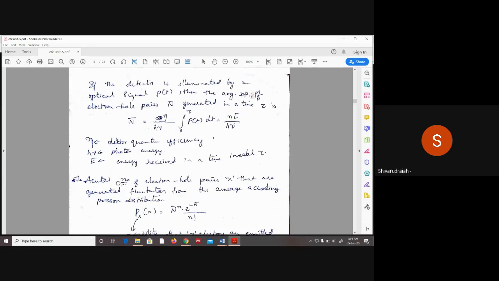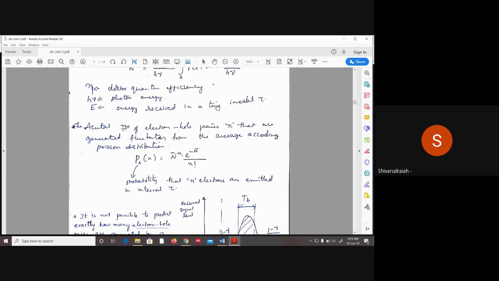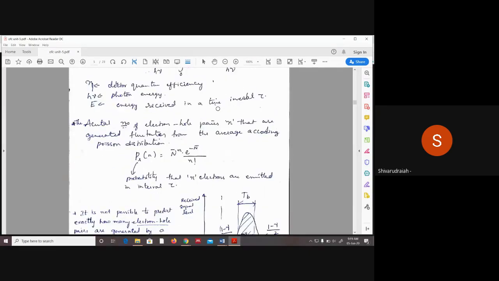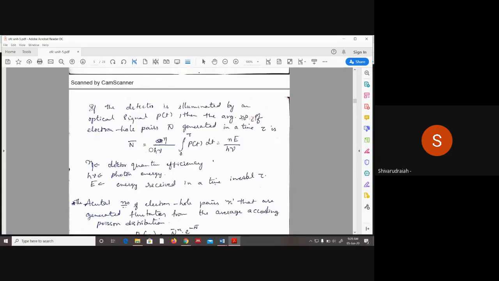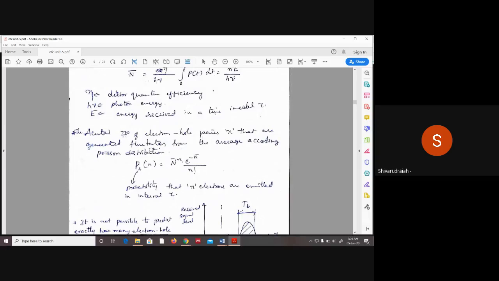Next, the actual number of electron hole pairs is given by small n. Capital N bar is the average value of the electron hole pairs, whereas the actual number of electron hole pairs, represented by small n, fluctuates from the average according to a distribution called the Poisson distribution. So there is a difference between the actual number and the average number of electron hole pairs generated, and that is given by the Poisson distribution formula, defined as PR of n.